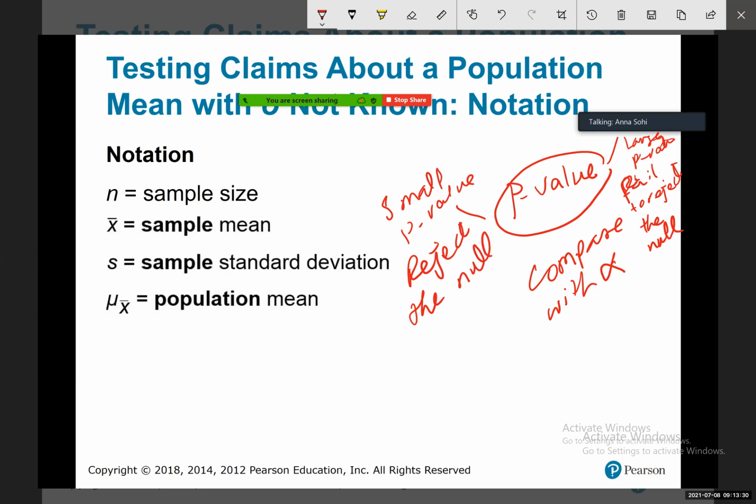When you reject the null, you support the alternative. When you fail to reject the null, you do not support the alternative. If alpha is not given, it is 5%, 0.05. But sometimes they tell you 0.10, sometimes 0.01, and so forth.